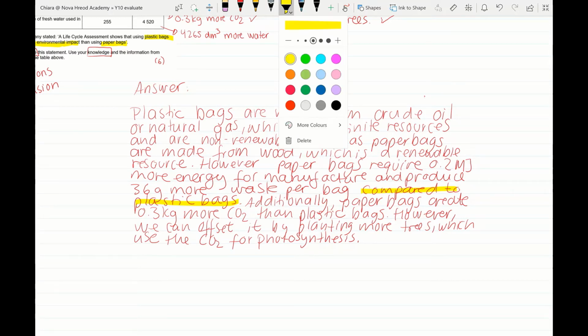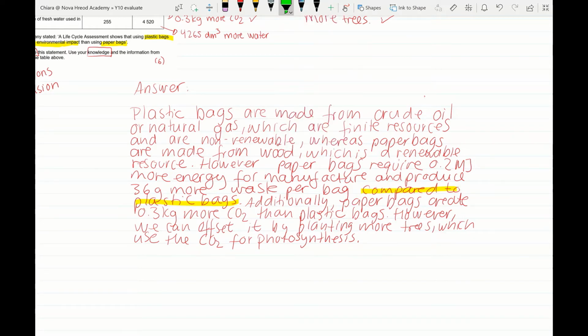And also, it's important to mention to use those figures from the graph. So again, here I've used 0.3 kilograms and 0.2 megajoules and 36 grams of waste.